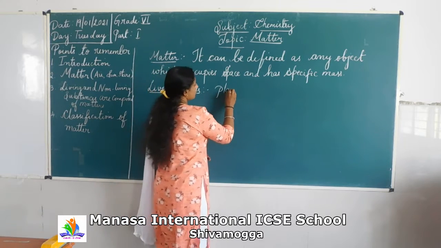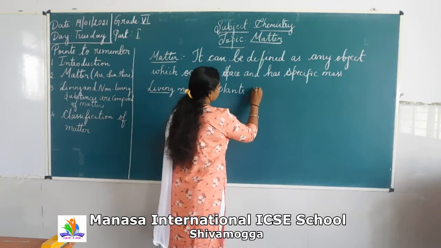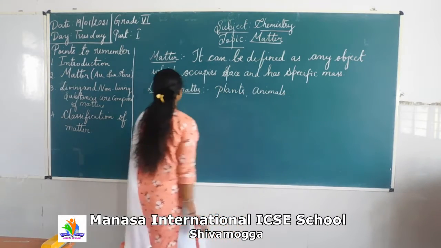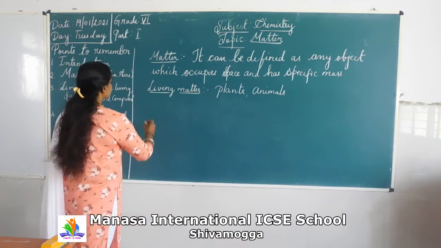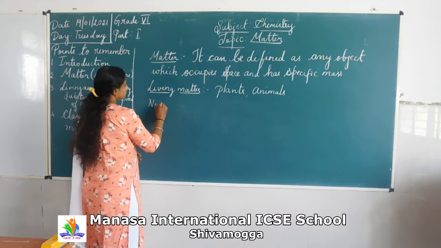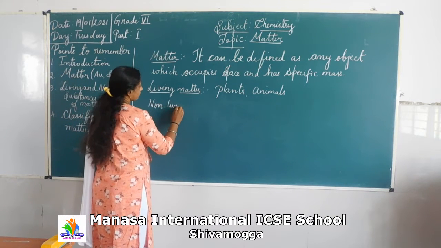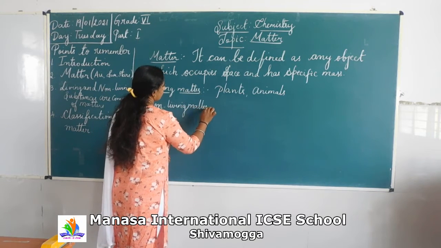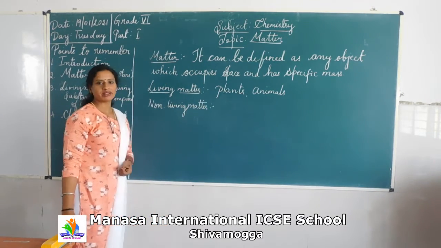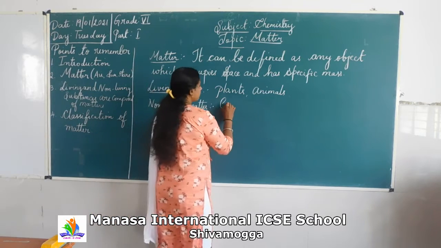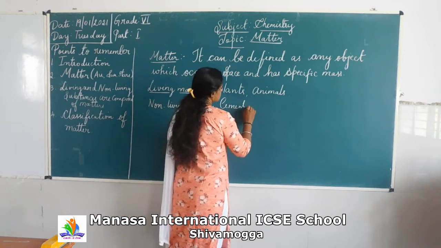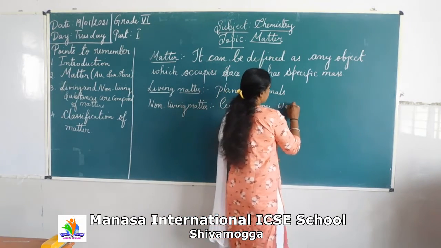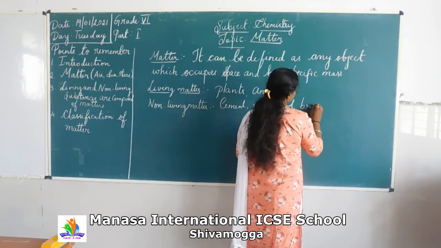Which includes plants and animals. Then, coming to non-living matter, it may be cement, stone, wood, brick, etc.